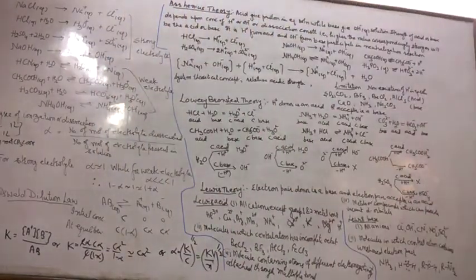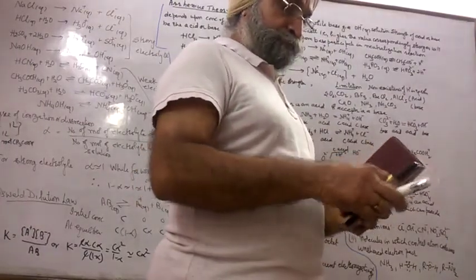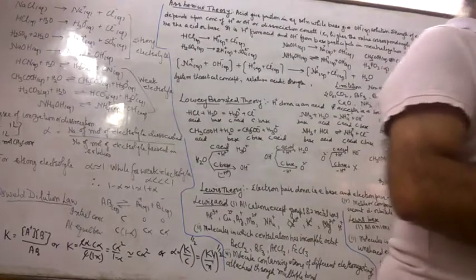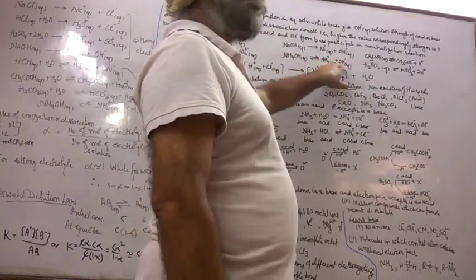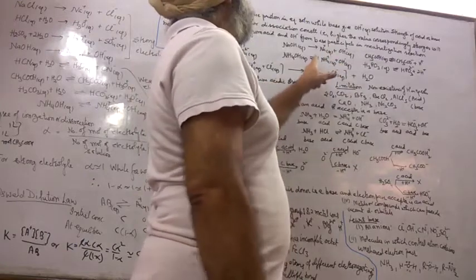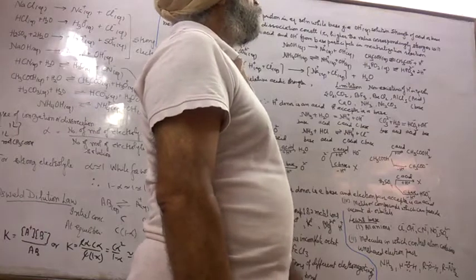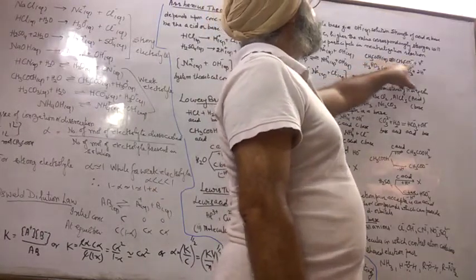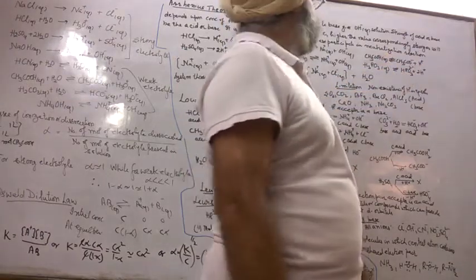See, ammonium hydroxide gives OH negative, but here is a reversible sign. It is a weak base. Acetic acid, reversible sign, but it gives H positive, it is a weak acid.